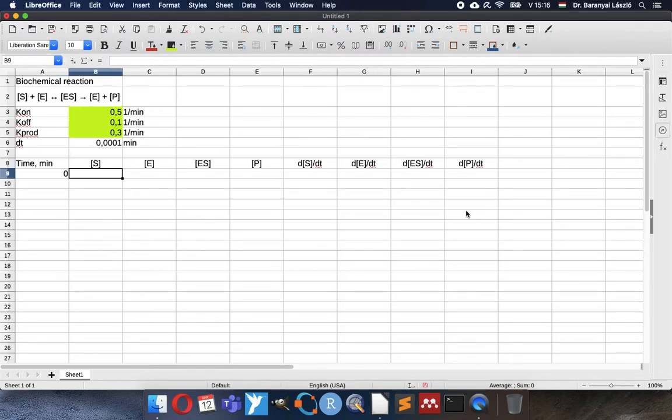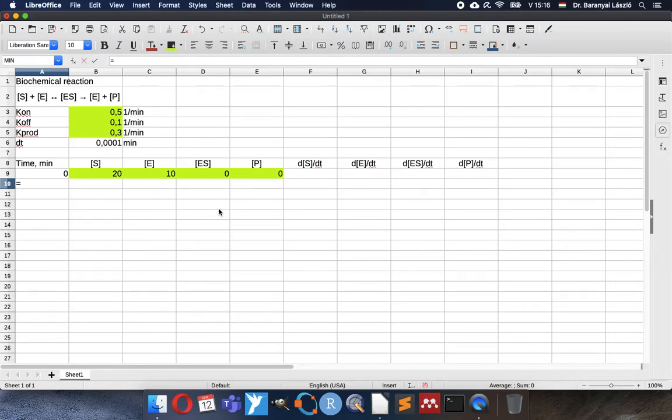So the initial time we will have, let's say, 20 amount of substrate, 10 amount of enzyme, no enzyme substrate, and no product. These are the initial values how we calculate. These are so-called the boundary conditions of the simulation.